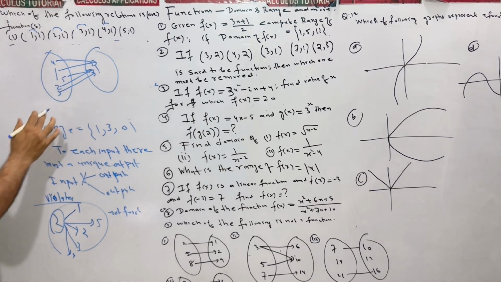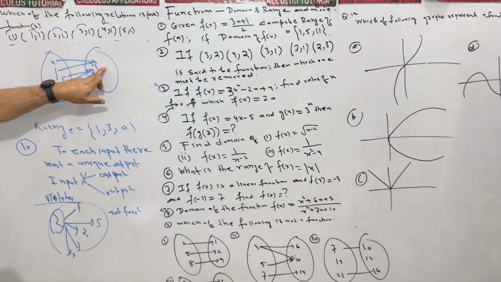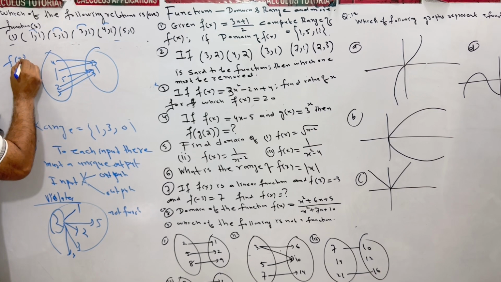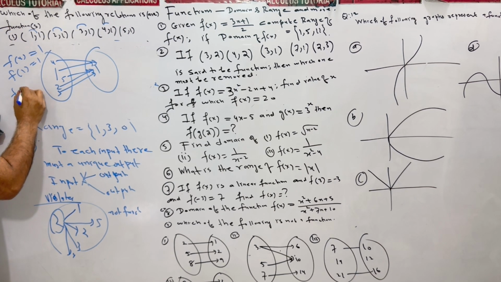It is also a function because a unique input results in a unique output. However, two inputs have the same output. It is possible for more than one input to have the same output.